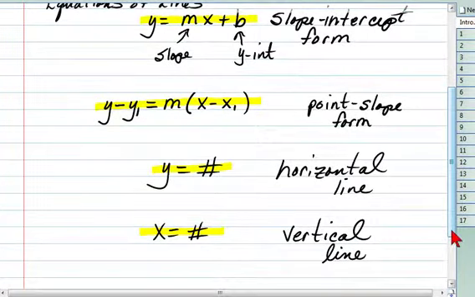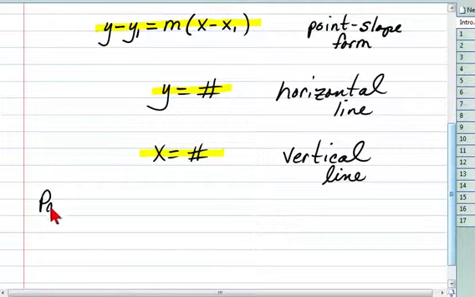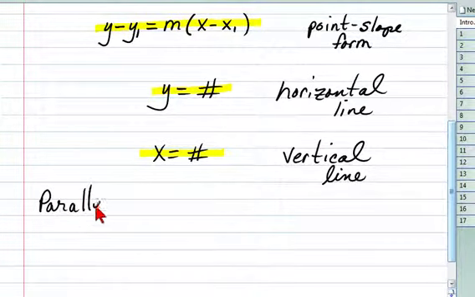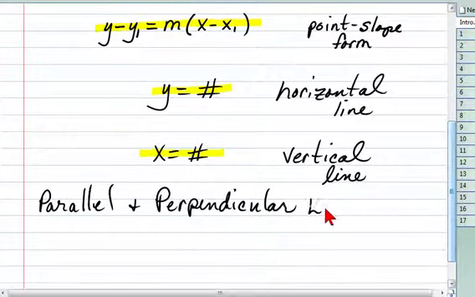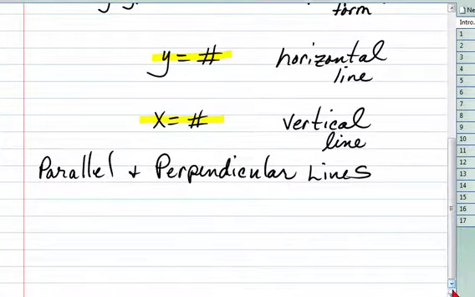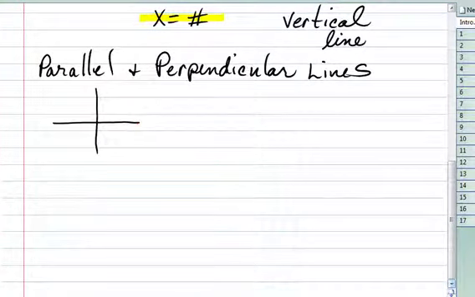There are two other little bits of information that you need to know about some formulas, and it is about parallel and perpendicular lines. And once again, if you took Math 307, then you're somewhat familiar with this. Parallel lines.